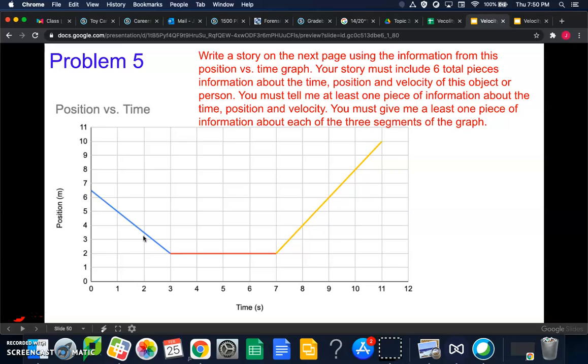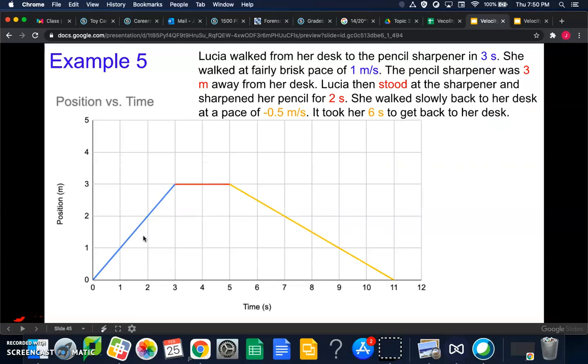Just like I did in my example here, right? I gave you two pieces of information about the blue segment, three pieces of information about the red segment, and two pieces of information about the orange segment. I gave you two different velocities, two different positions, right? Oh no, I guess I only gave you one position.